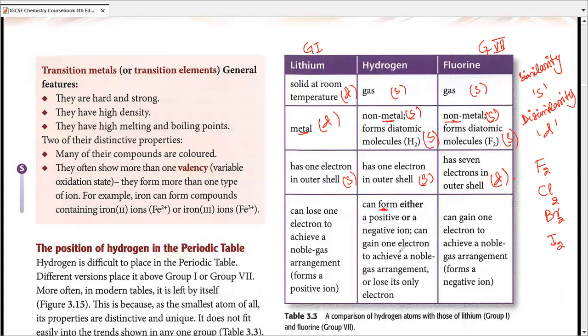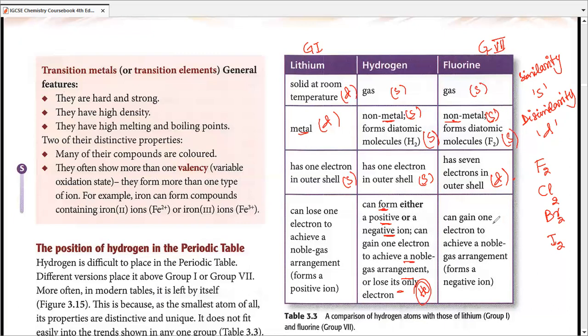You can see it can form either a positive or a negative ion, which means it may lose an electron to form a positive ion, or it may gain an electron to form a negative ion. And when it gains, it actually achieves the noble gas configuration of the nearest noble gas, which is helium.